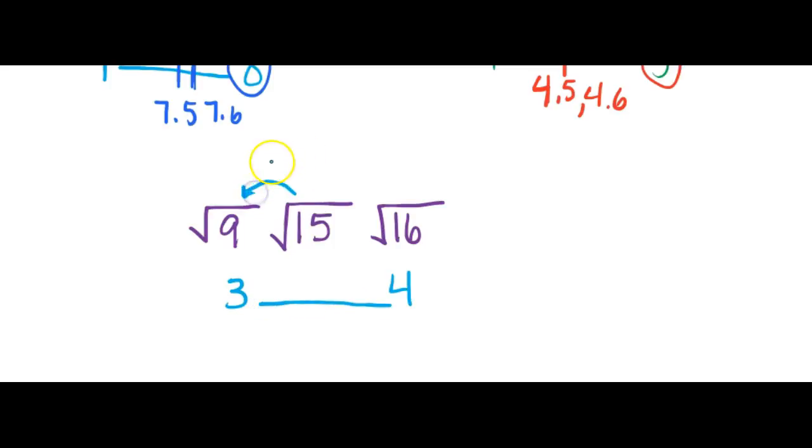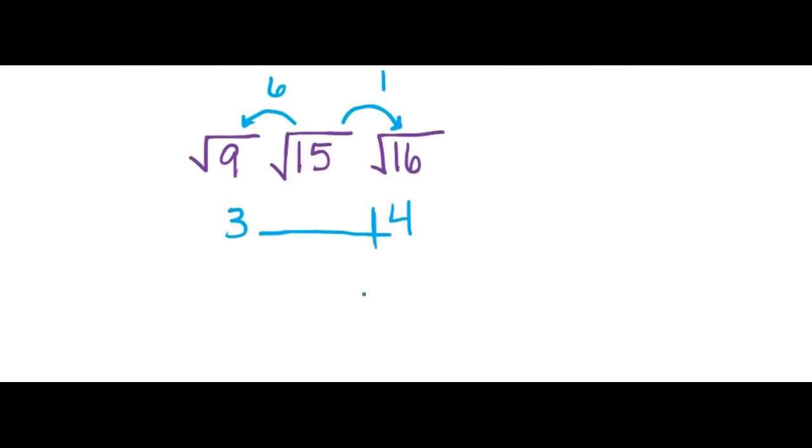But between 9 and 15, there are 6 numbers. Between 15 and 16, there's only 1. So my guesstimate is going to be really, really close to the square root of 16. So we'll say it's approximately 3.9, possibly even 3.8.